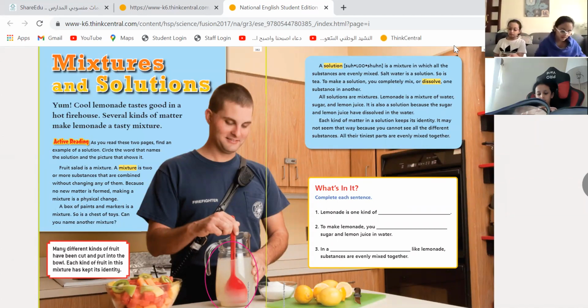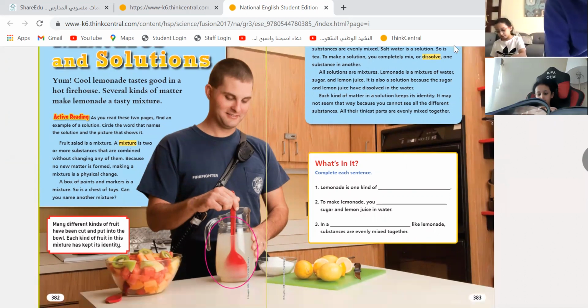Come on, look at this picture. Fruit salad or a lemonade? What is a fruit salad and what is a lemonade? A lemonade is a drink and the fruit salad is food. Okay, very good. But what do we call this drink and what do we call this food?